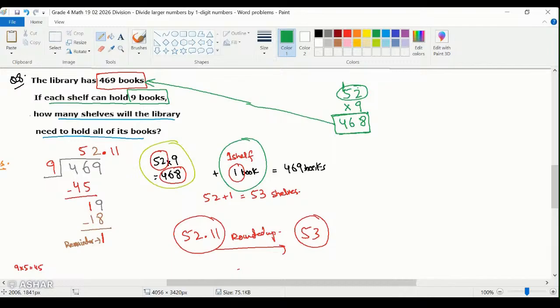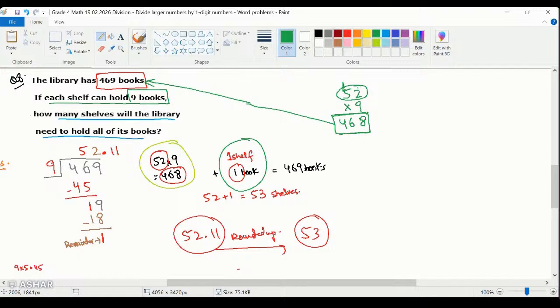Agreed? Whenever you're getting a decimal number, in this case it was 52.11, 52 point any decimal number, we would always round up to the upper whole number. Can you have 0.11 shelf?